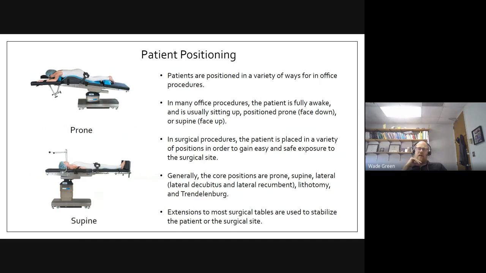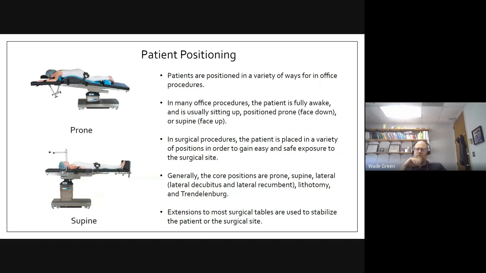There are some musculoskeletal procedures that are done prone. Specifically, some back surgeries are done prone. There's also a modified prone position where the patient's knees are bent, but they remain prone. Supine, the one below: a lot of our cardiac and thoracic procedures are done with the patient in a supine position.